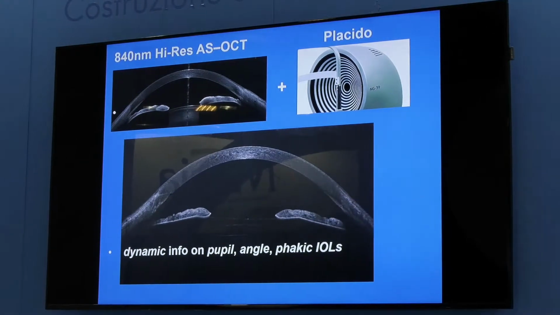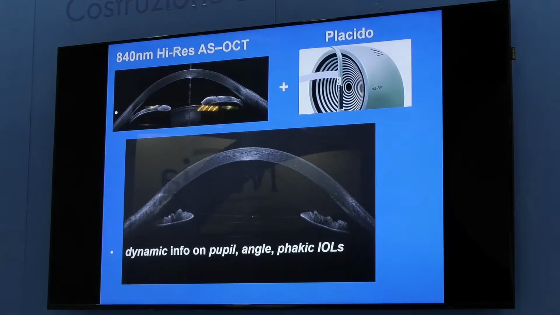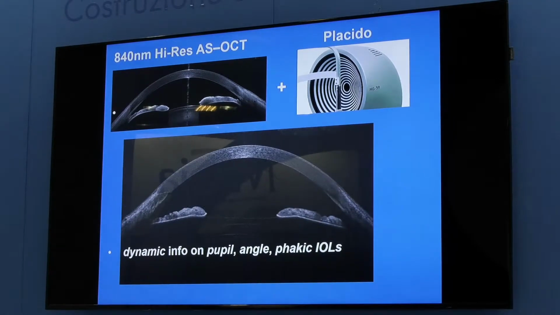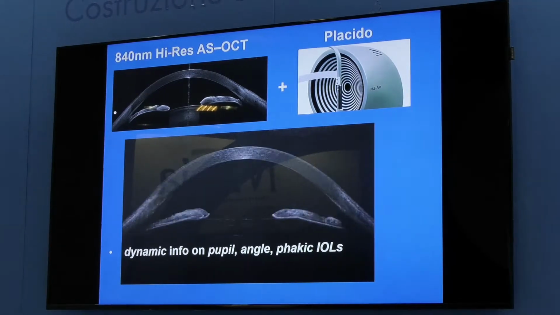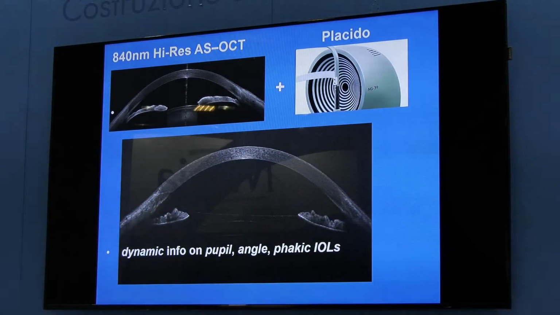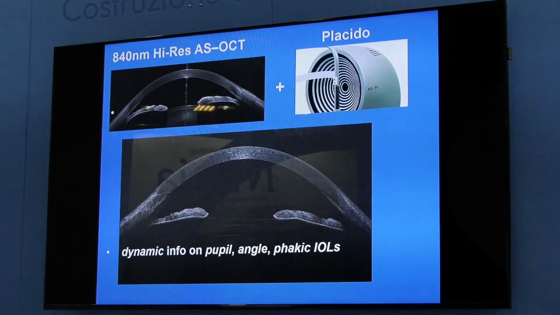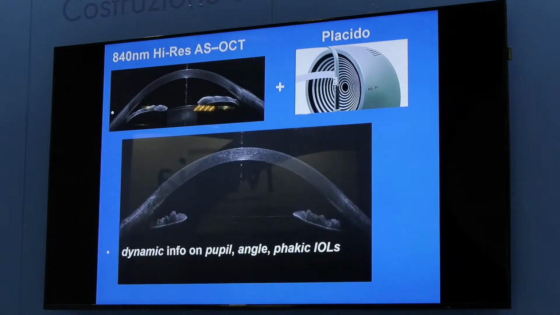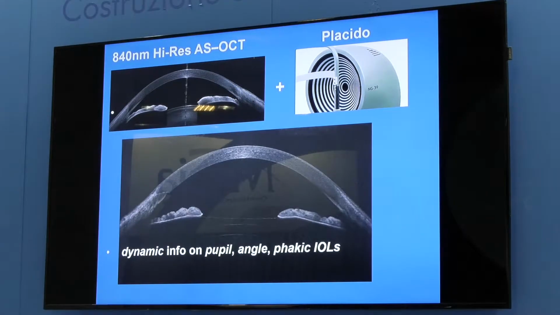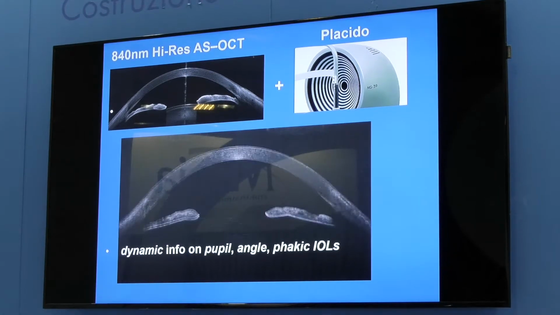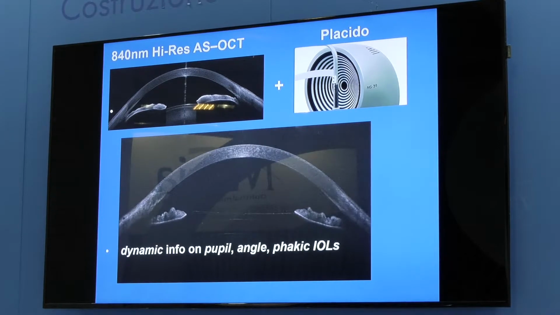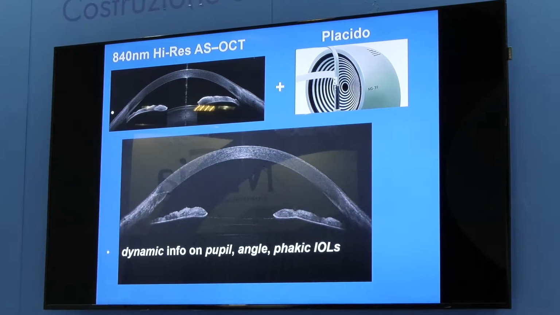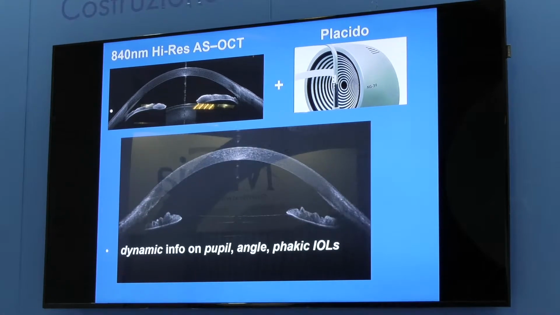You see here we can see very well what's going on upon illumination, the iris, and an ICL in the anterior chamber. You see the space here, the vaulting is reduced during constriction of the pupil, and also the angle can be seen very well.